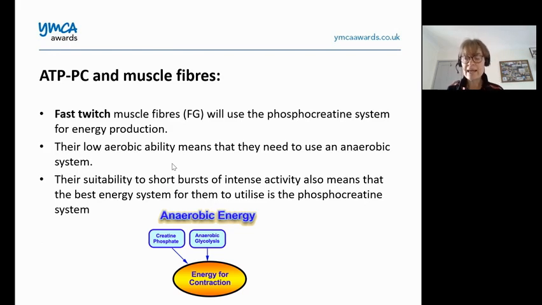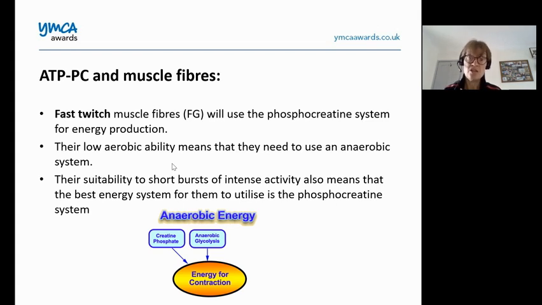So here we're tying in the muscle types as well, because this system is going to use those fast glycolytic, those fast twitch muscle fibers. They are going to use the phosphocreatine system. If you remember, those are the white fibers. So they've got not many mitochondria, so they've got low aerobic ability.